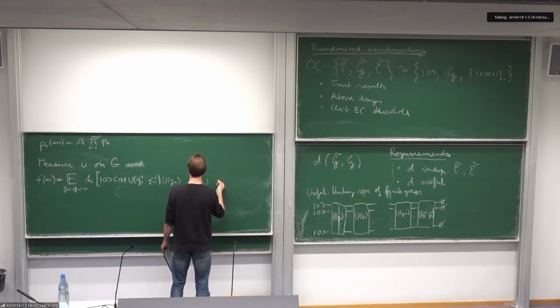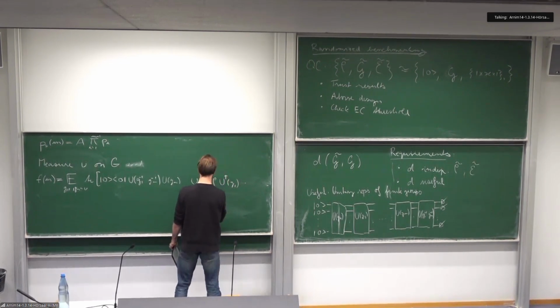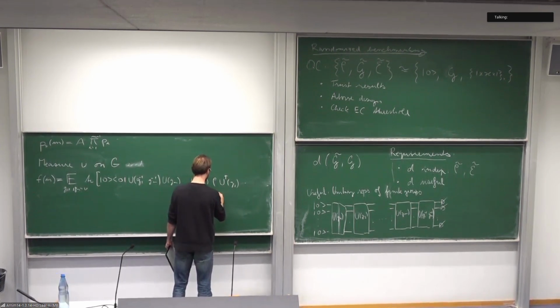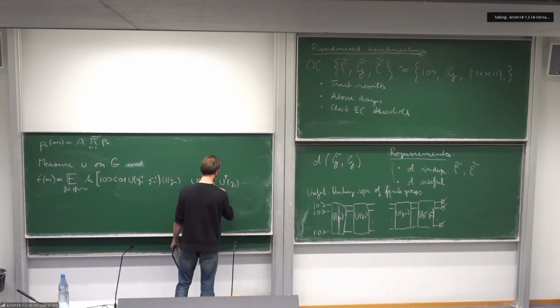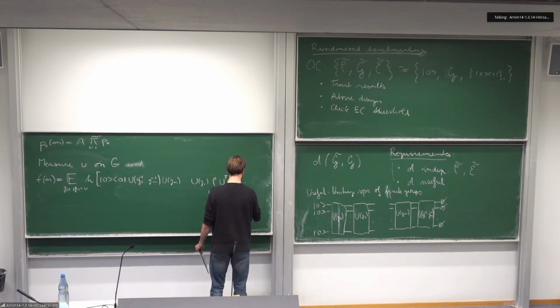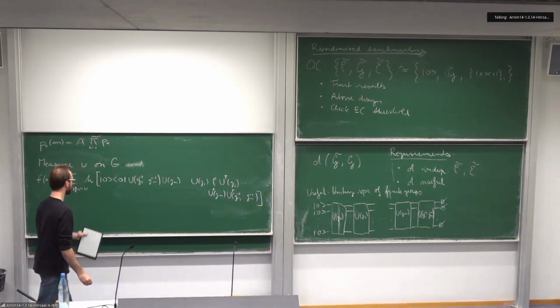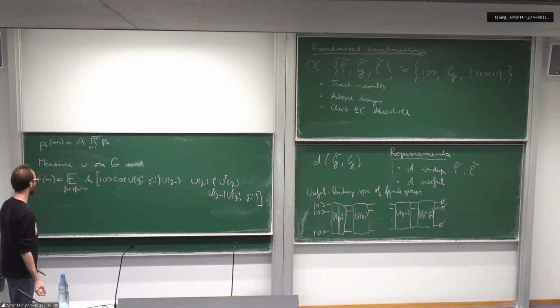Then we'll have the initial state, which I'll just label rho. Right, so that's the success probability, and it's 1.